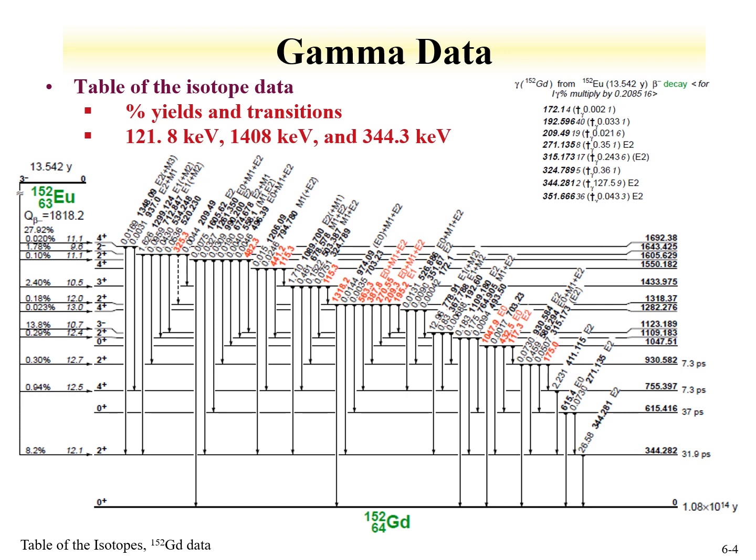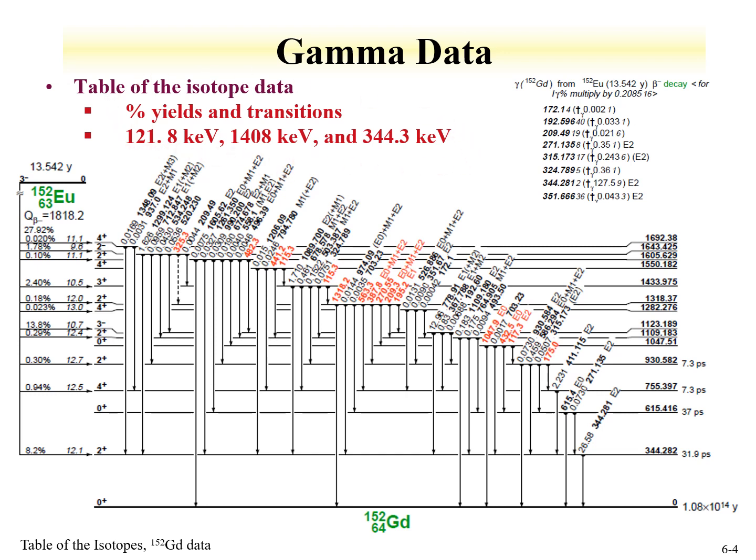Now if we look at some table of the isotope data, we can get percent yields and transitions for gamma decay from this data. We see here's europium 152 decaying by beta emission going to gadolinium-152. And from the table of the isotopes, the chart of the nuclides, we know that there are 3 main gamma decays.